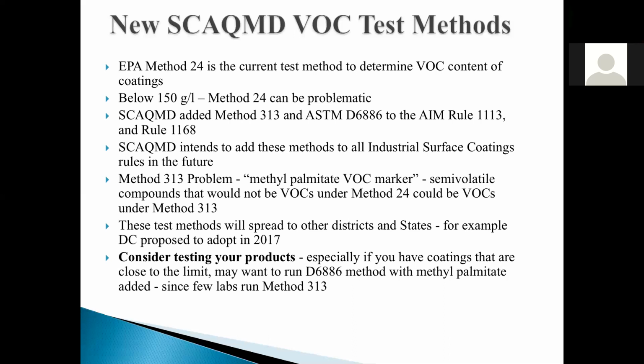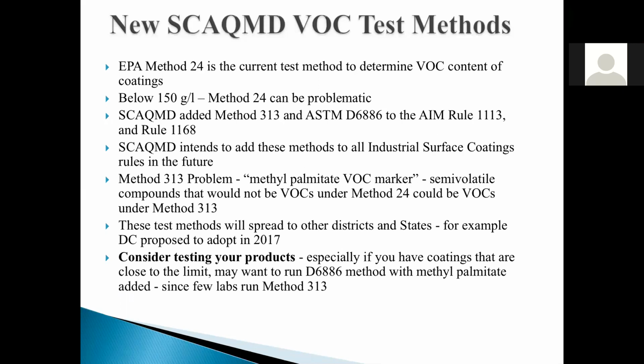So essentially, it's a marker, so you can decide what is and what is not a VOC. The problem is that methyl palmitate is essentially a semi-volatile, high boiler. So there could be a situation where there is a difference between Method 24 formulation data and Method 313.